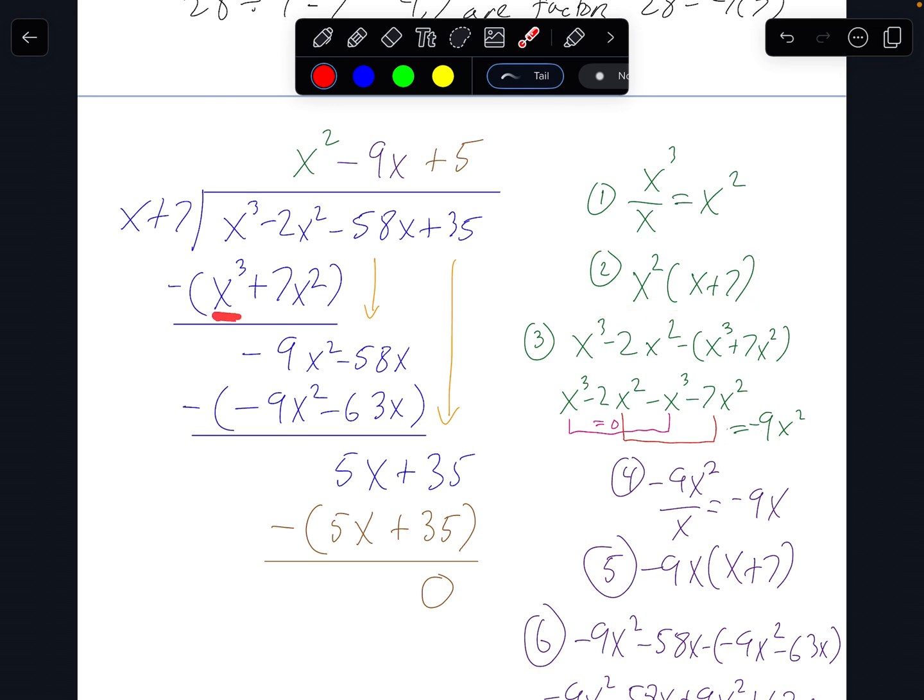That result is going to be x to the third plus 7x squared. The next step is to subtract. We are subtracting these two polynomials here, x to the third minus 2x squared minus x to the third plus 7x squared. And that subtraction is done here because this minus sign distributes.